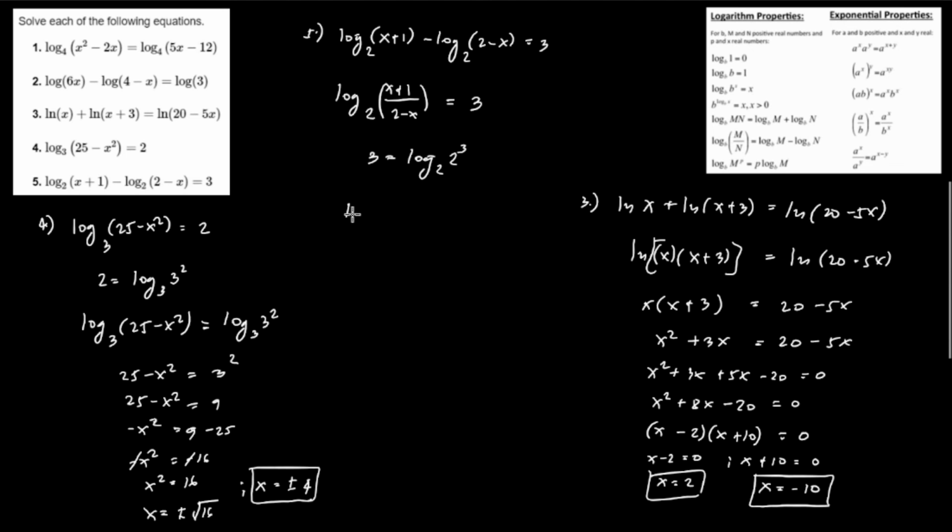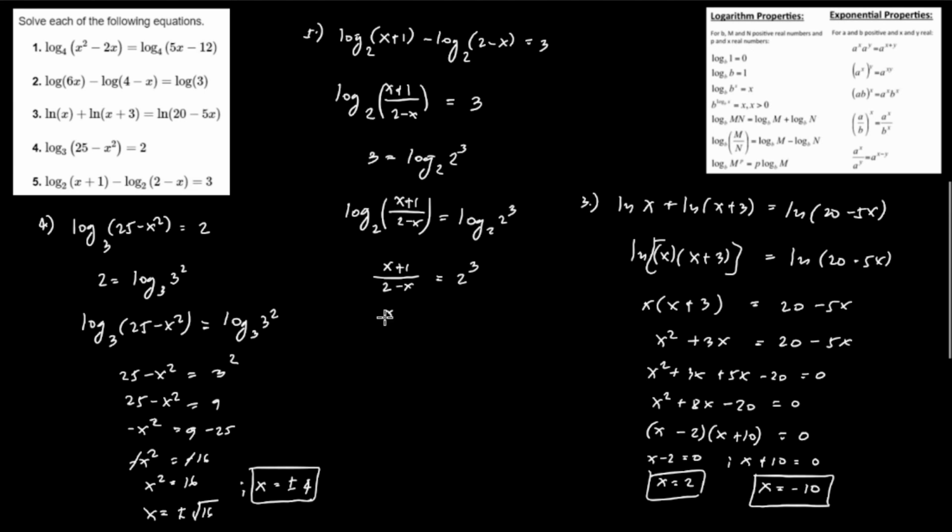So log of x plus 1 divided by 2 minus x with base 2 is equal to log of 2 cubed with base 2. Using the logarithm properties, we will have x plus 1 all over 2 minus x is equal to 2 cubed.